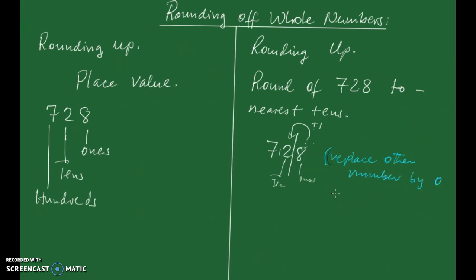So this is very important. You affect this digit and then you replace the rest by 0. This is the same as 720 plus 10. It is like adding 10, because this 8 is approximated to 10, so we add 10 there, and we have 730.